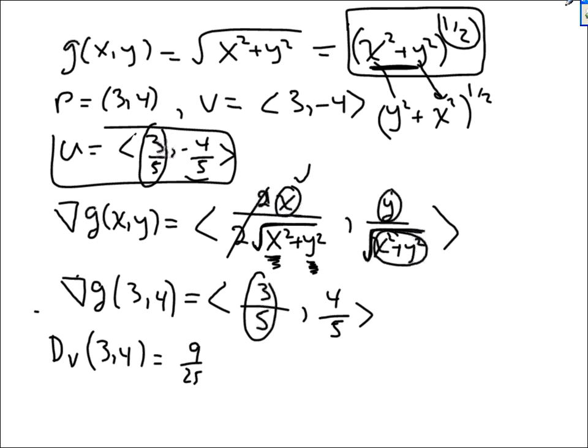Plus, I multiply this number by that number, which actually is minus 16 over 25, which is negative 7 over 25. And that's the directional derivative in the direction of v at that point. That's like the slope.